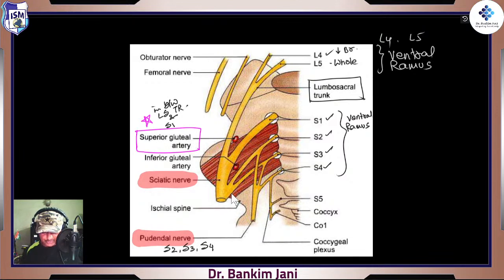These are the separate fibers which are going all the way for the formation of this pudendal nerve. And this nerve will be supplying all those reproductive organs. So that's why it is important for that purpose, right? Reproduction. Sciatic, it is for movements, right? So that's how sciatic goes.